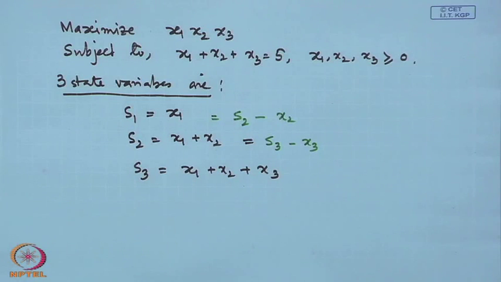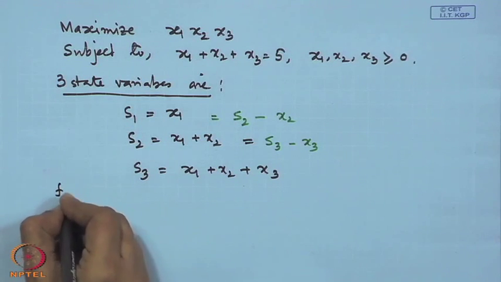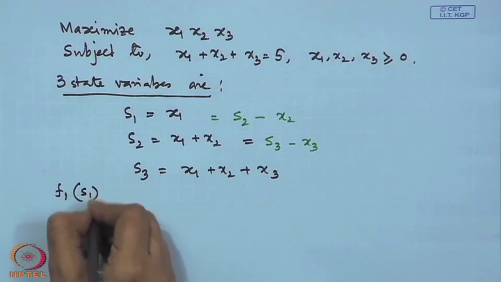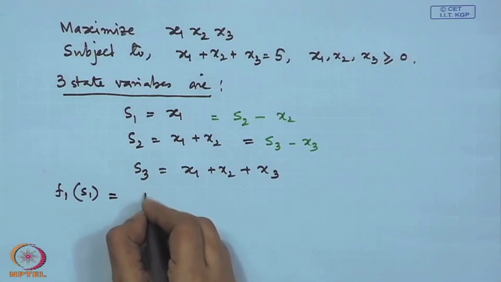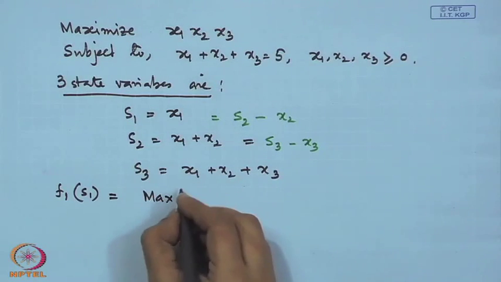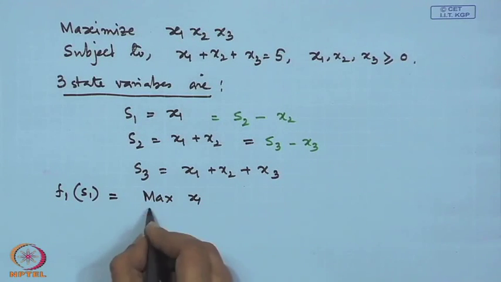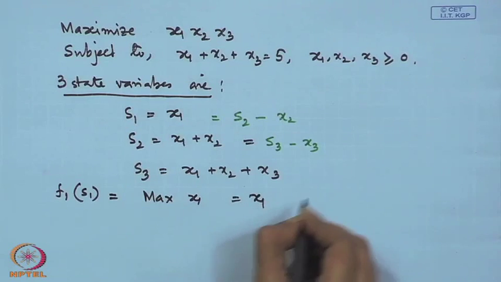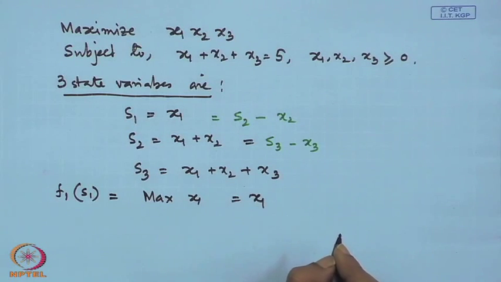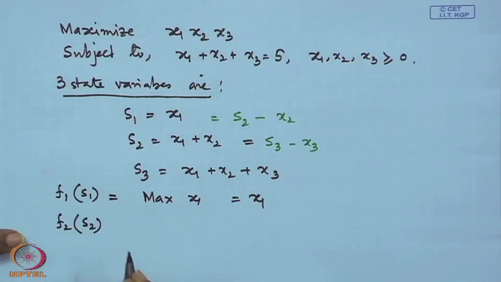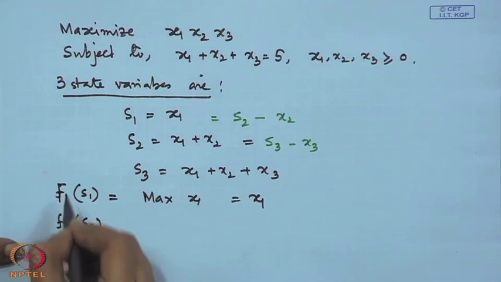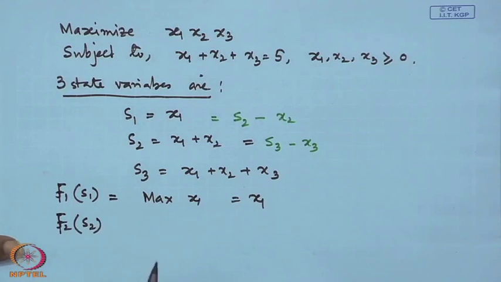Now, our first optimization problem, f1 s1 is equal to the maximization of x1 only. x1 is positive, that is why we can consider x1, and this is related with this relation. Let us come to the next stage, f2 s2. I should write capital F because in the model we have considered capital F.